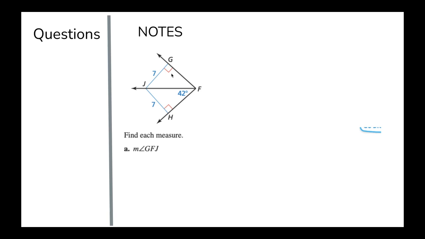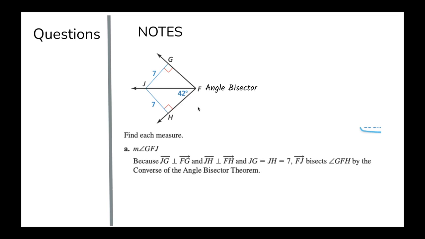Notice the perpendiculars, which means that that's the distance to those sides. They're the same. The perpendicular means that this FJ is a what? It's an angle bisector. So if this is 42 degrees, what can you then expect on the other side? That it's also 42 degrees.